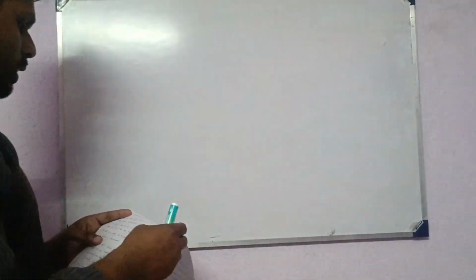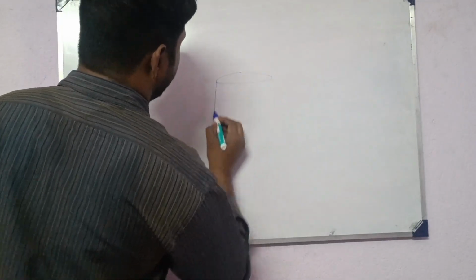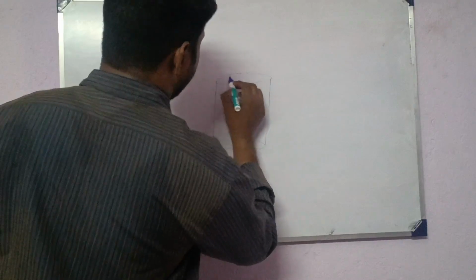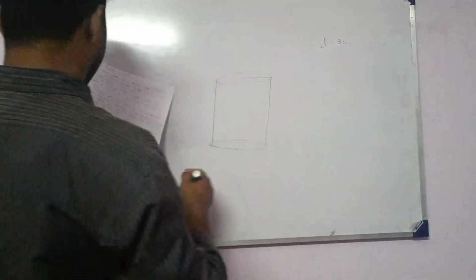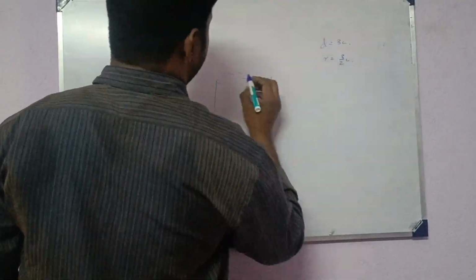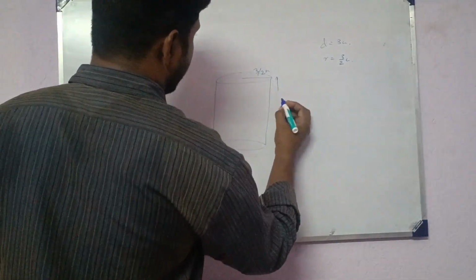Now moving to the next sum. A well of diameter 3 meter is dug 14 meter deep. So there is a well আছে একটা, its diameter, the diameter of the well is 3 meter, so its radius is 3 by 2 meter, and it is dug 14 meter deep.